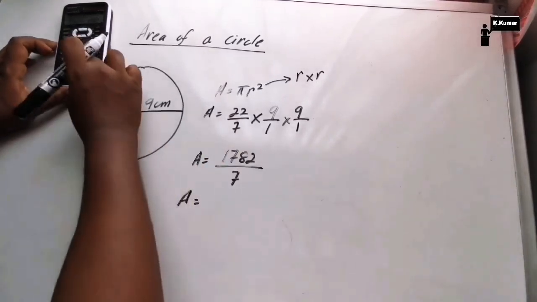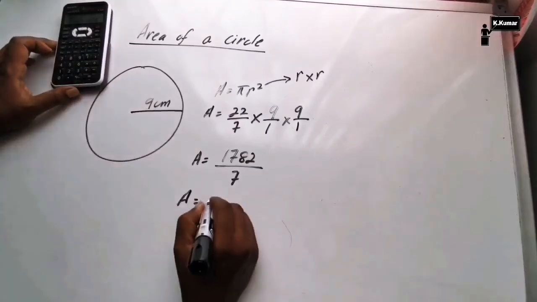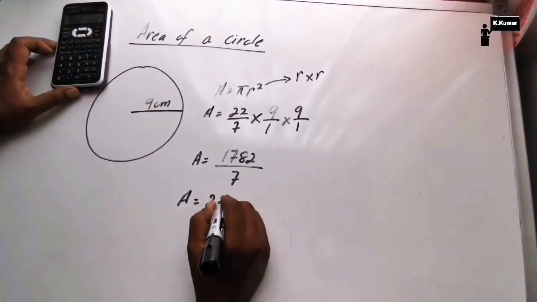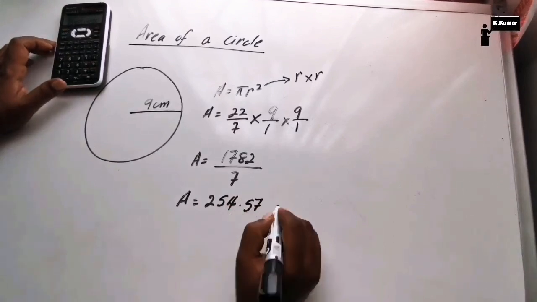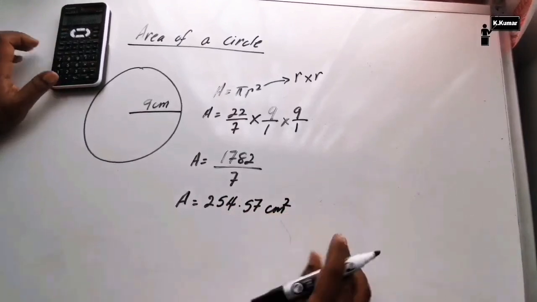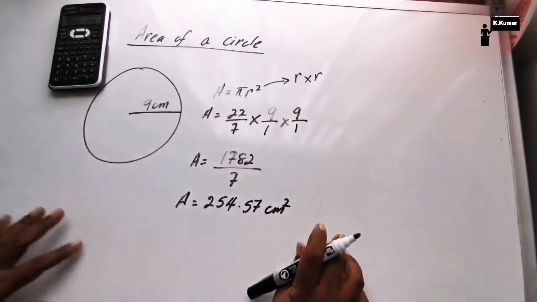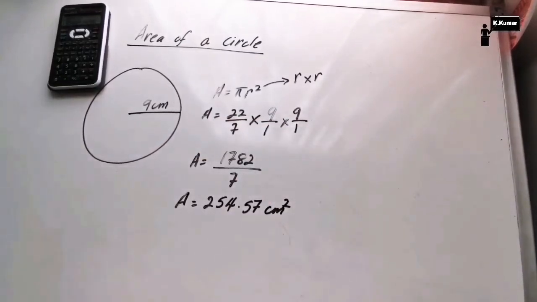So A equals, and then you divide it by 7, and you're going to get 254.57 cm squared. I forgot to put in the cm and the cm there, so we end up with our unit cm squared.